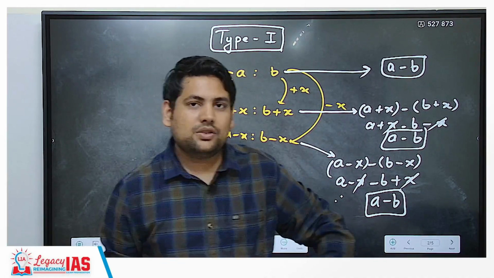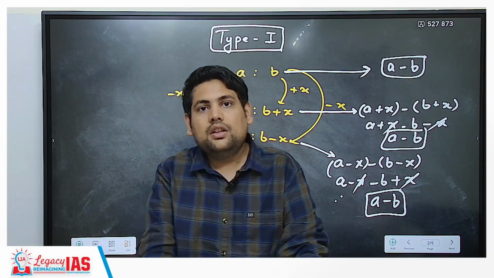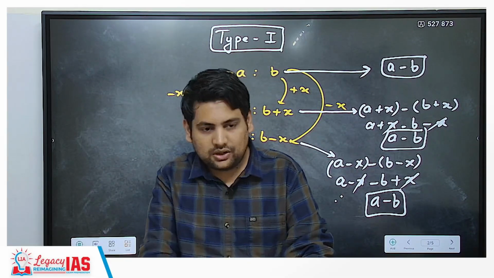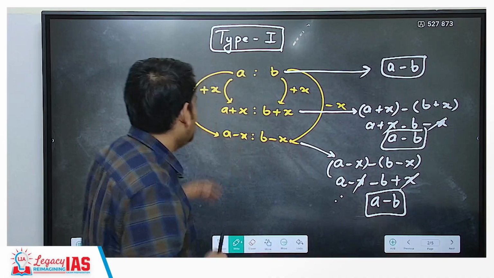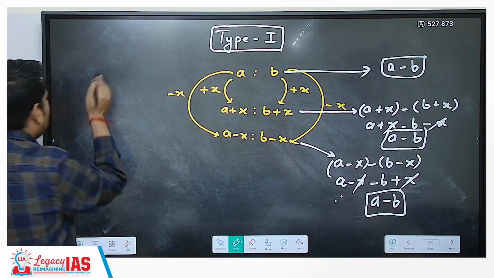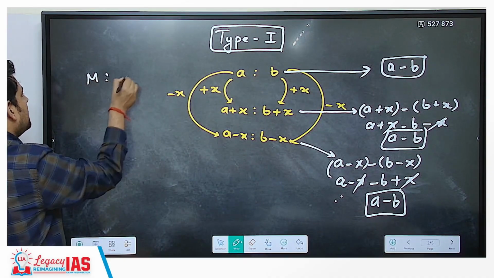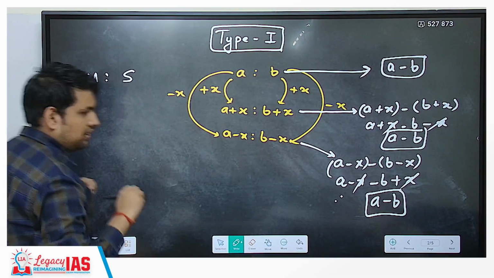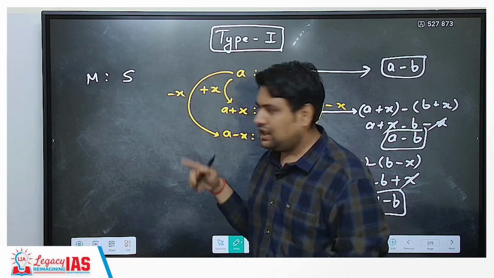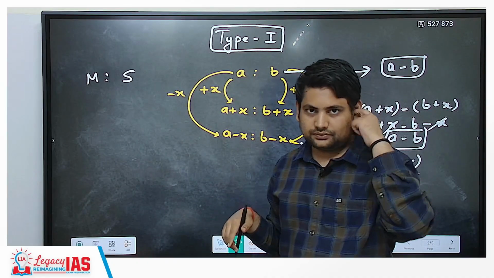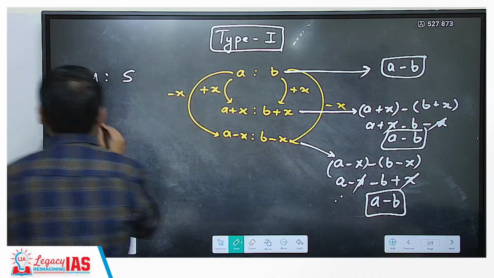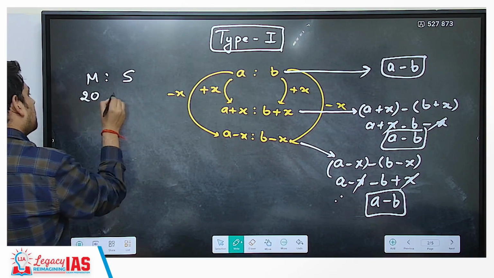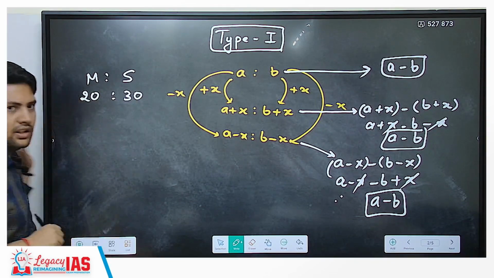And you can also understand intuitively why it will be constant. Because let us say this is my age and this is my sister's age. Now, let us say I am 20 years old and she is 30 years old.